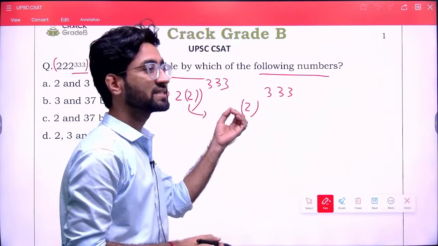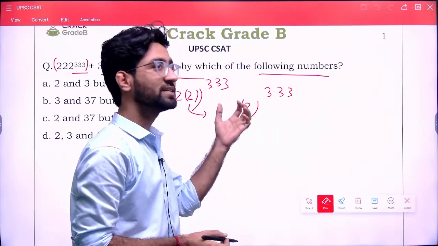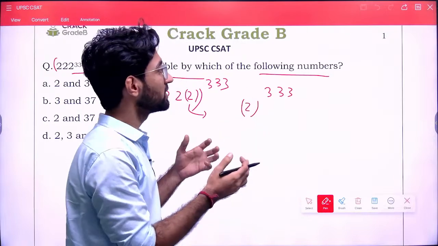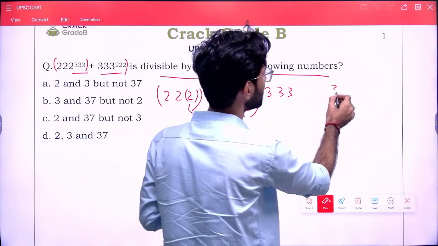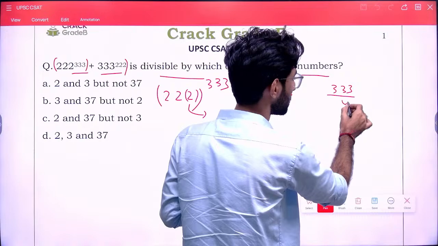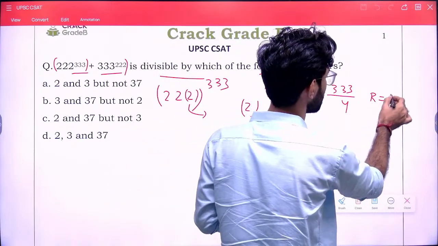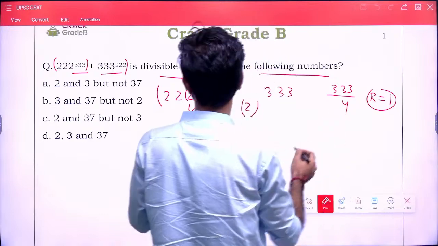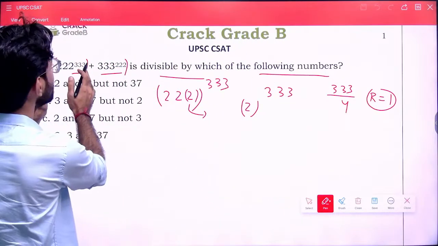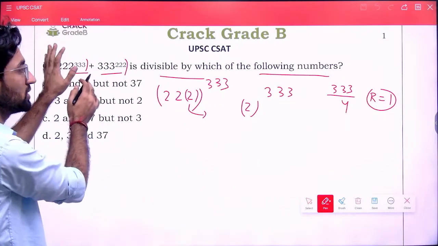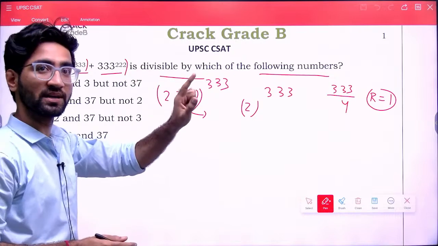So what is the cyclicity of 2? The cyclicity of 2 is 4. So we will divide 333 by 4, and what do we get as remainder? The remainder is 1, right? So the unit digit of 222 to the power 333 is 1.